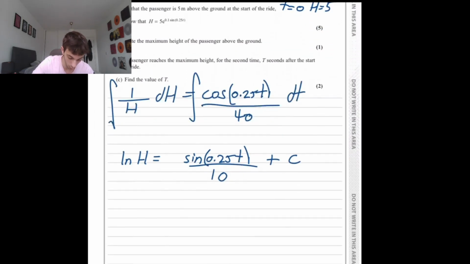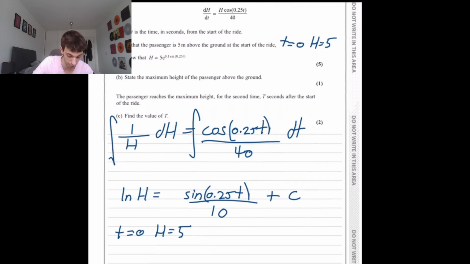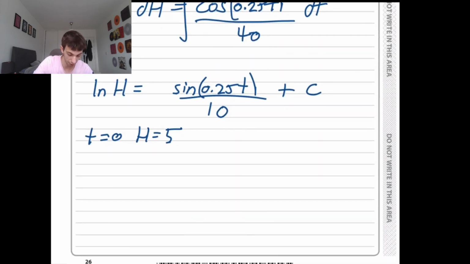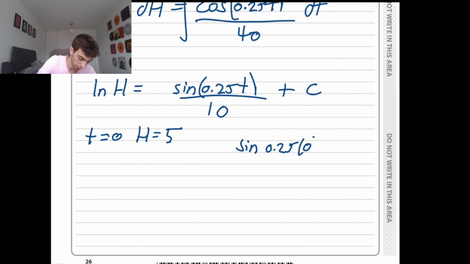So from here, what do we know? We know that when t equals 0, h equals 5. So we're going to use this to find that plus c, that constant of integration. With t equals 0, we have sin of 0.25 times 0. This is just sin of 0, and you can get this from a sine graph, a calculator, or just know it: sin 0 is just 0.